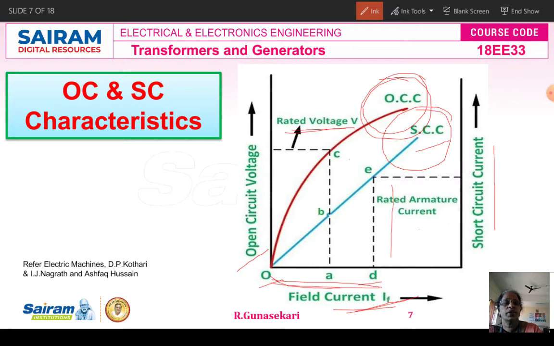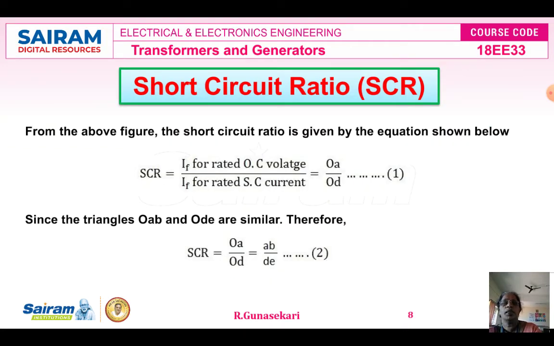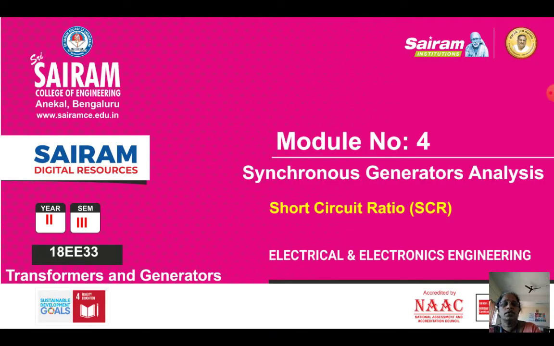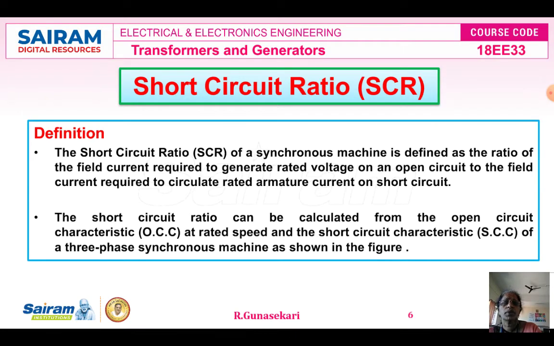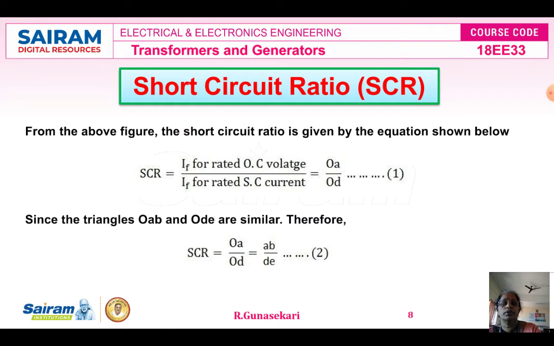So from this figure, how can we calculate the short circuit ratio SCR? The short circuit ratio SCR is nothing but the field current required for open circuit rated voltage divided by the field current required for rated short circuit current. From the figure, OA is the rated voltage field current, and OD is the field current required for the short circuit current.